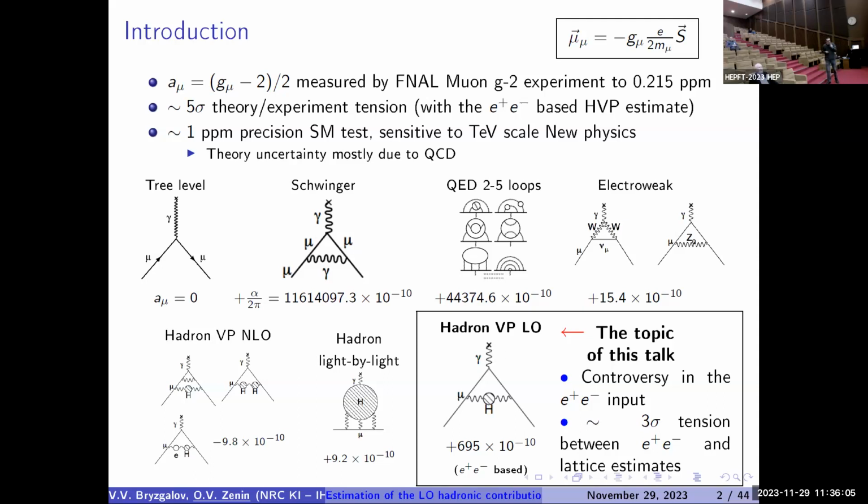So until recently, the standard method to compute the hadronic vacuum polarization term was to use an optical theorem, which relates the imaginary part of the polarization operator in the time-like region to the total hadronic cross-section directly measured with electron-positron beams.